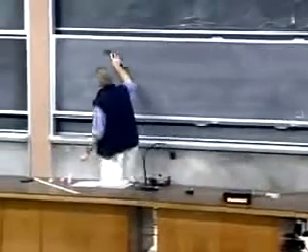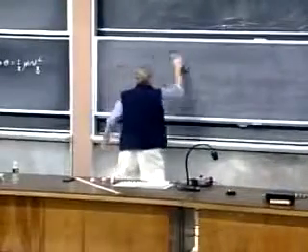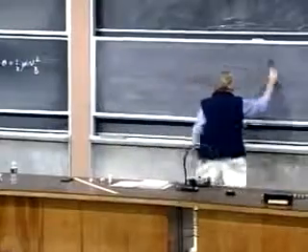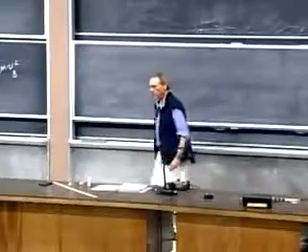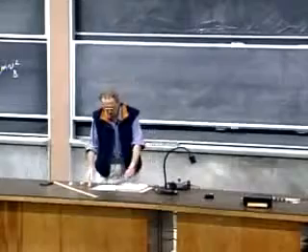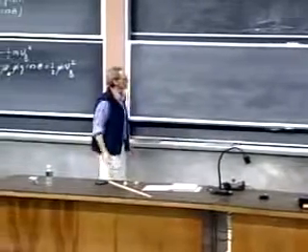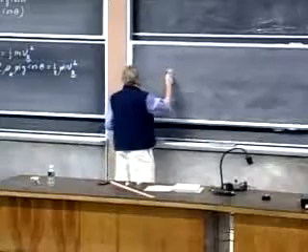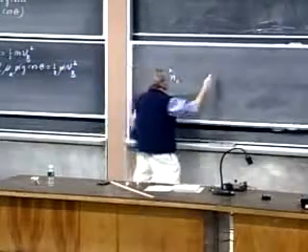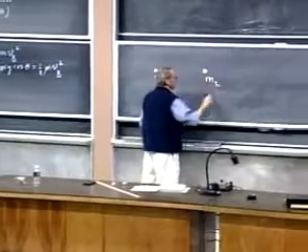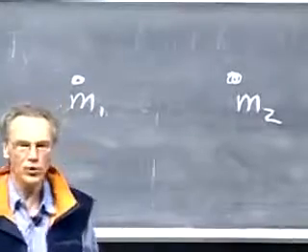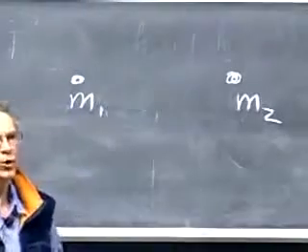They can collide, they can cause fireworks, they can explode, they can break up in pieces, but momentum will be conserved in the absence of any net external force. It's a very non-intuitive concept. Kinetic energy can be destroyed, but momentum cannot be destroyed in the absence of a net external force on the system as a whole.